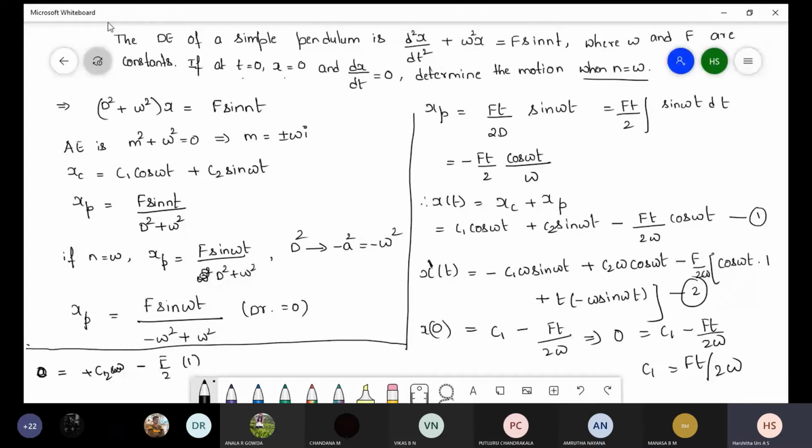Here I left w, here you write w. That implies C2 is equal to f divided by 2w², because if we shift this minus f divided by 2w to the LHS and cross multiply this w, we get C2 equal to f divided by 2w².